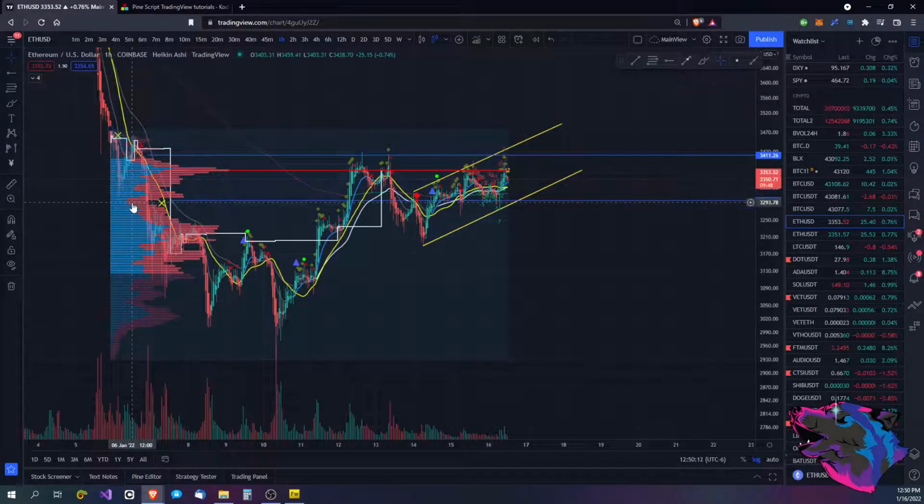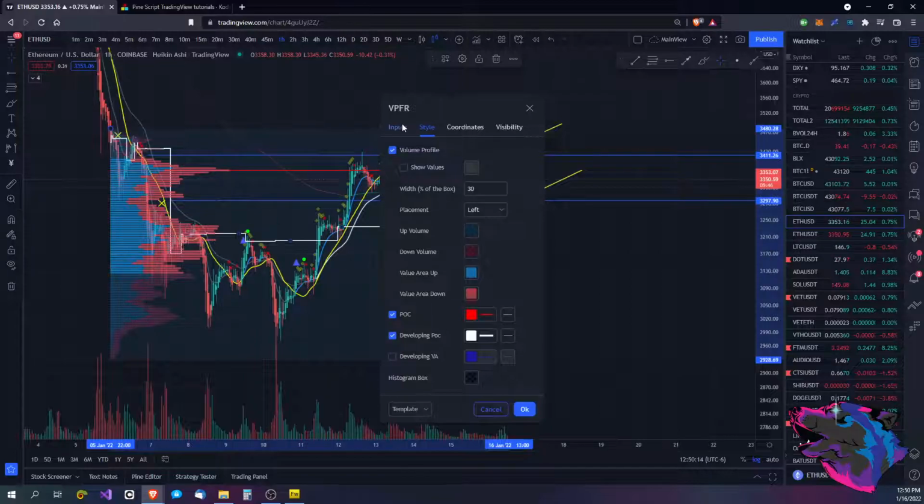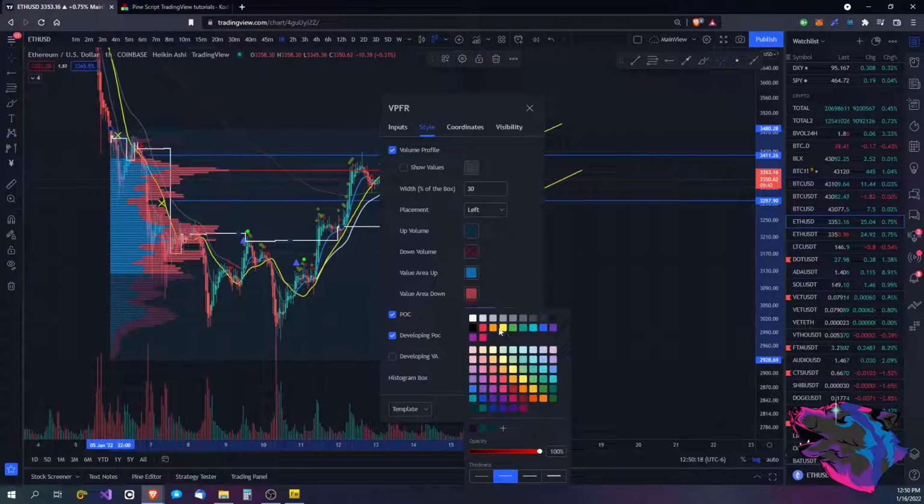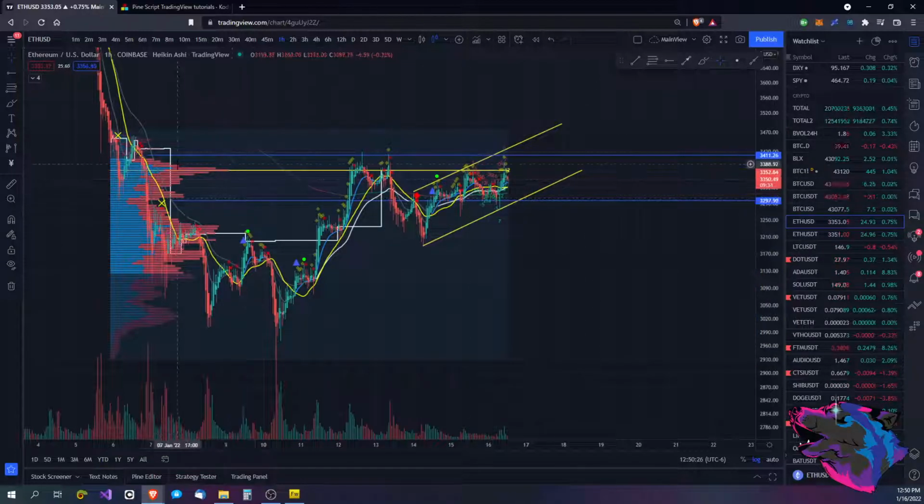So if you're in the settings here, POC, you can change the line color. Now it's yellow. Actually, I'll probably leave it at yellow. And that just tells you, again, where the strongest volume was.